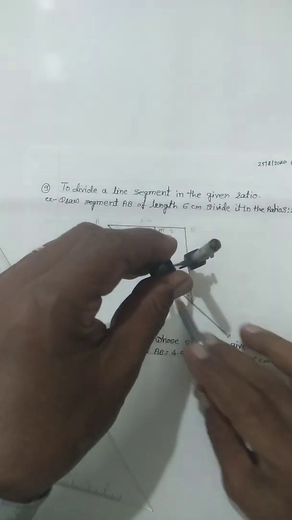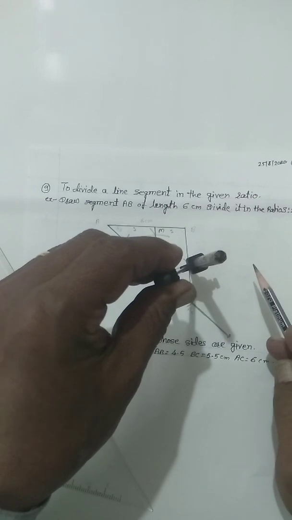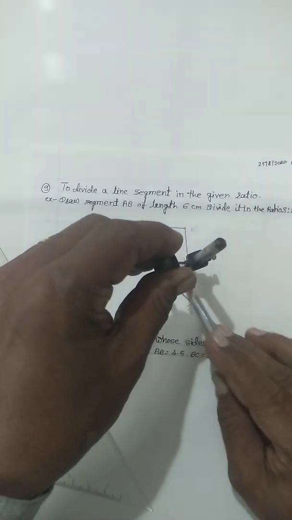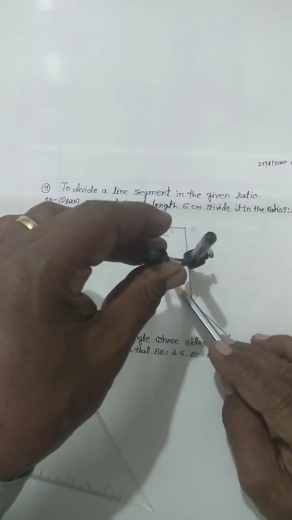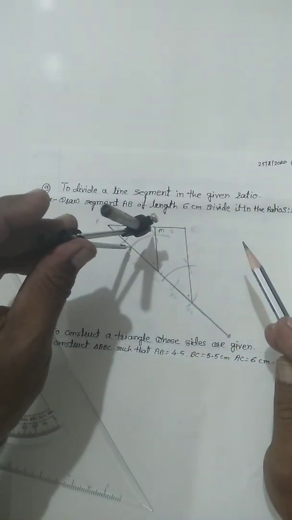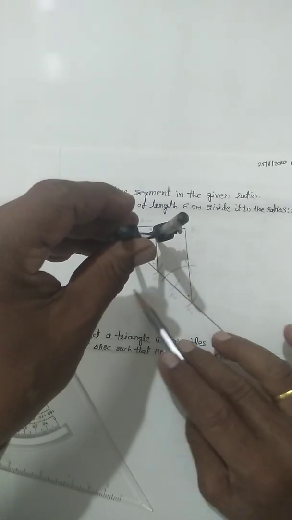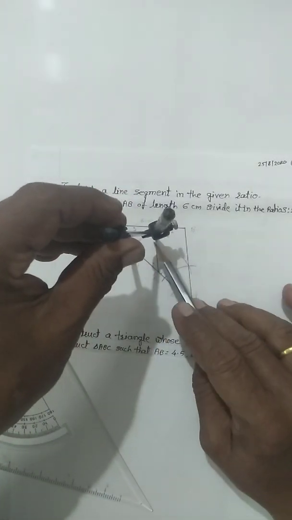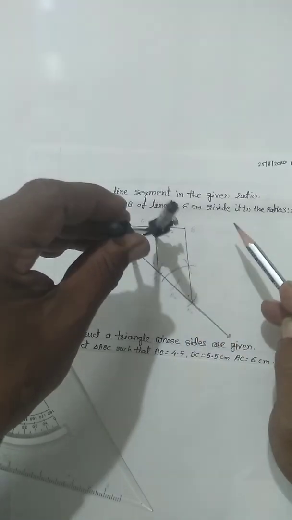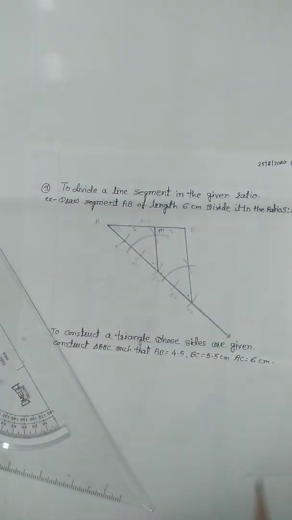That arc intersects the two sides of the angle. Then take the distance between these two terminals and keep it as it is and draw the arc on this first arc. These two arcs intersect at this point.